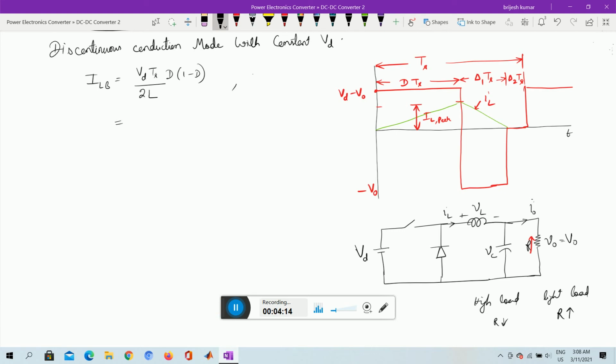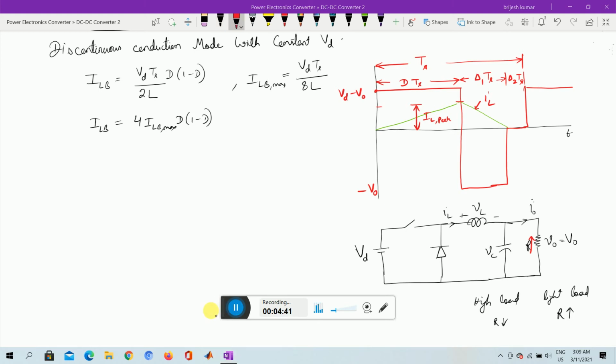The maximum value ILB max is equal to VDTS by 8L, and we can write this ILB in terms of the maximum value as 4 ILB max times D times 1 minus D.